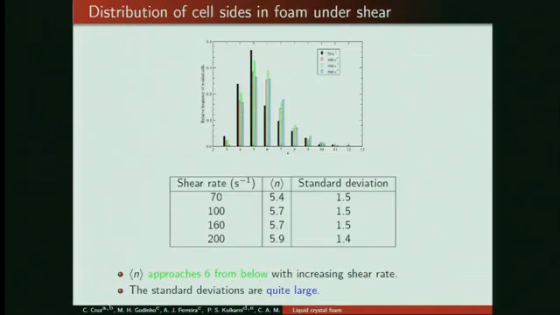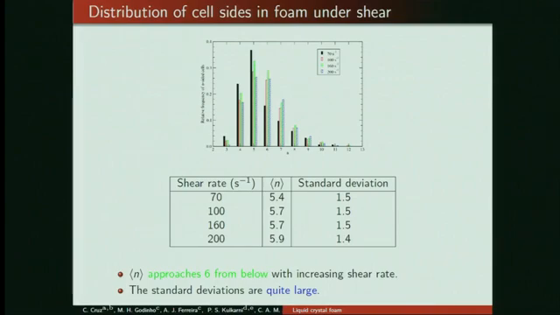What else? Distribution of cell size. What do we see now? Well, again, this is now for different shear rates. Black is slowest and blue is fastest, so the shear rate increases from left to right, as I said.